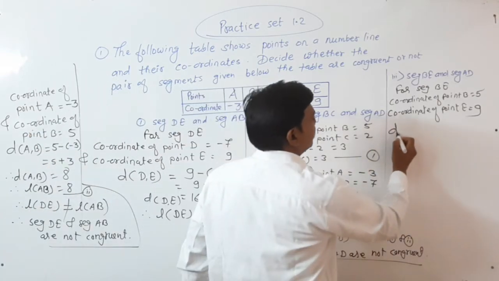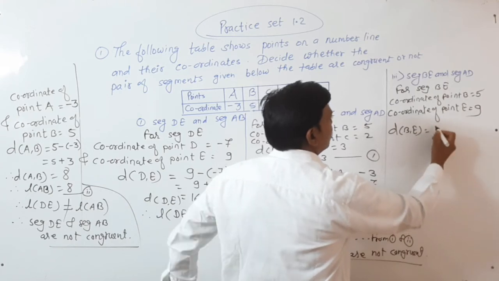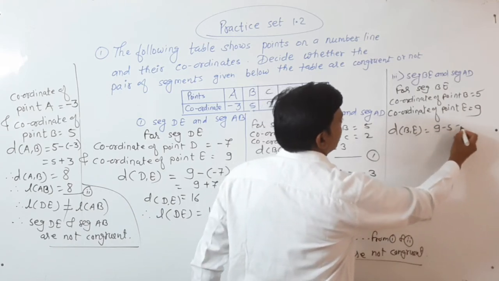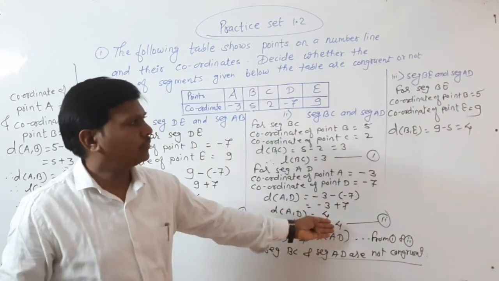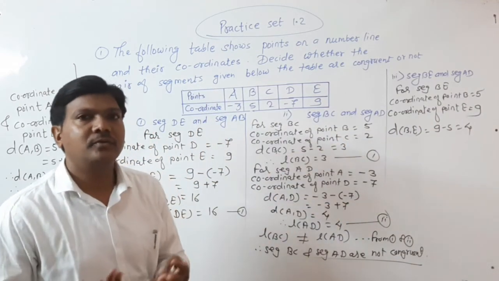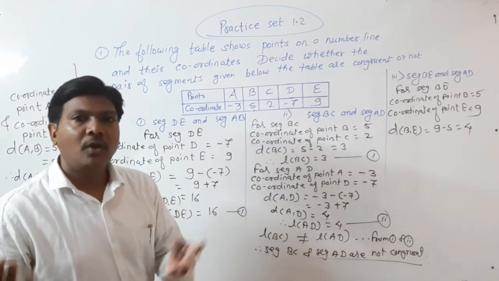So distance BE equal to 9 minus 5, that is 4. And here distance AD is 4. So we say it is congruent.